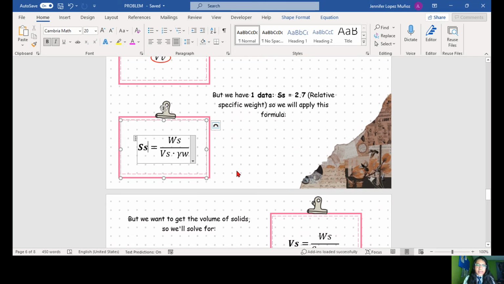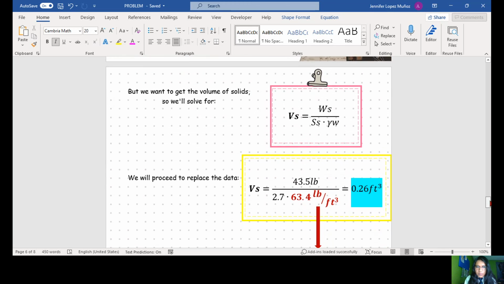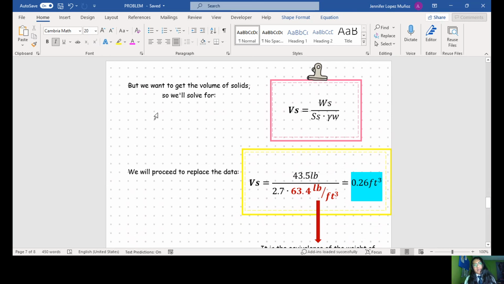This formula says the relative specific weight equals solid weight divided by solid volume times the specific weight of water. But we want to get the volume of solids, so we solve for it.